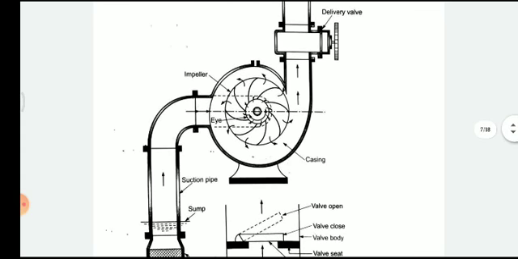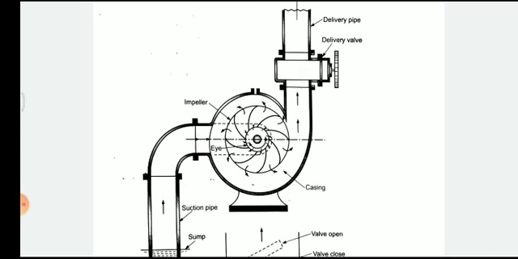The direction of flow is this way, anti-clockwise.